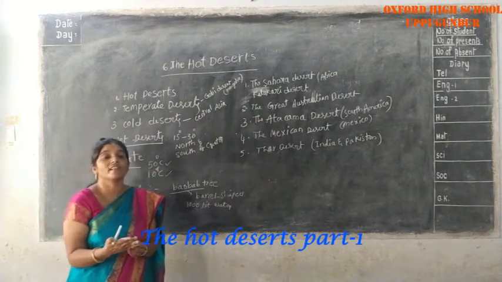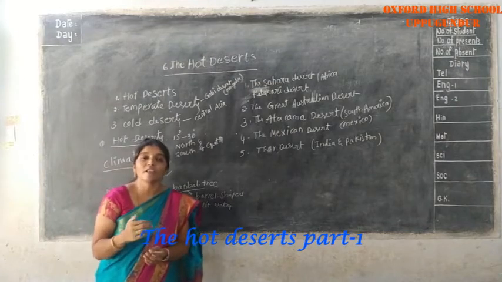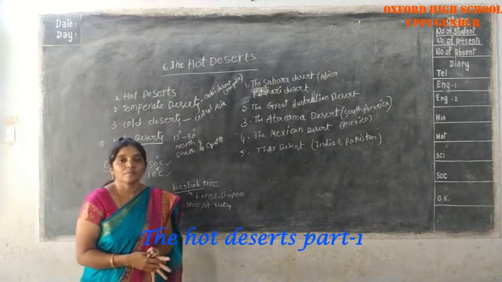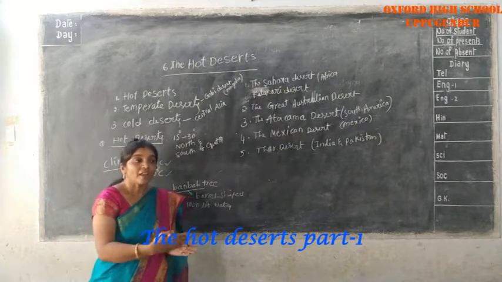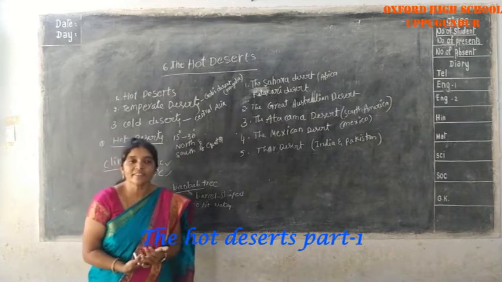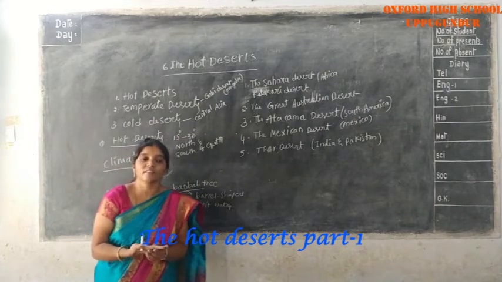Wherever there are places like an oasis, in the surrounding places we find some trees in the hot desert region. We find trees rarely.